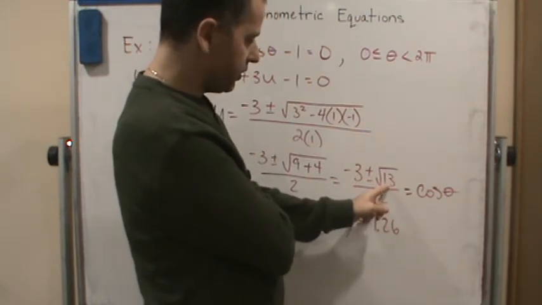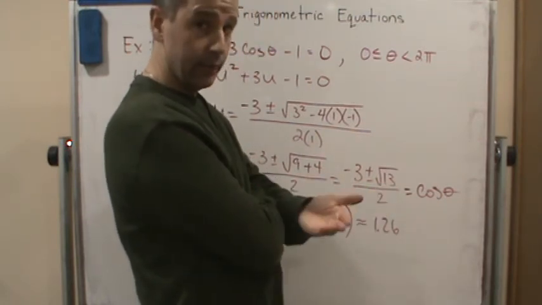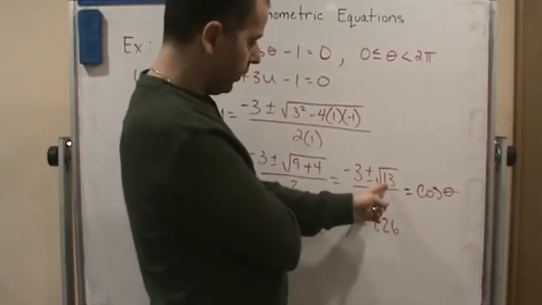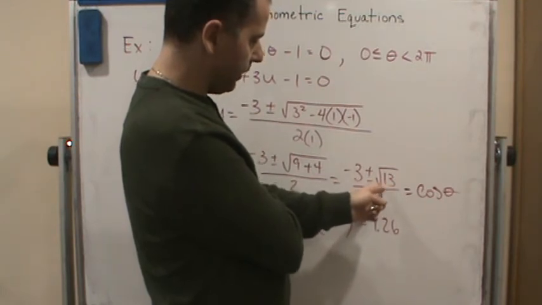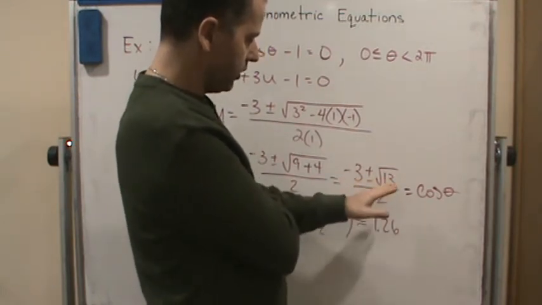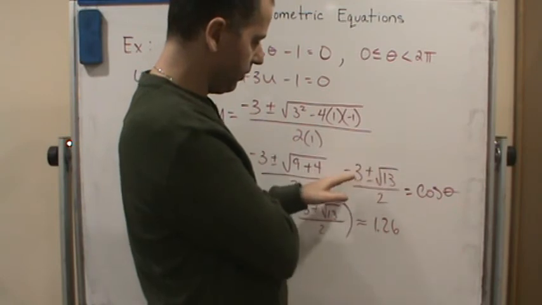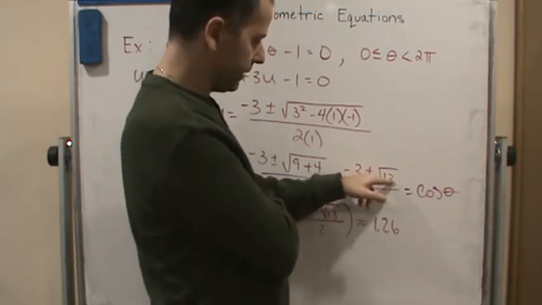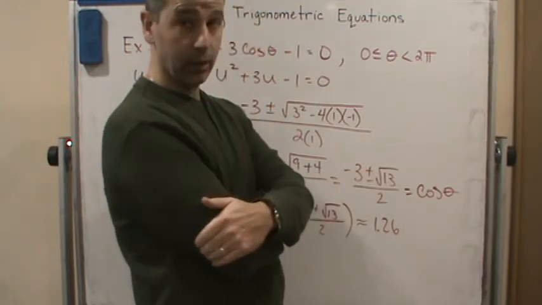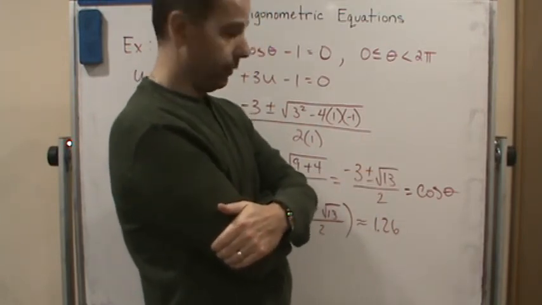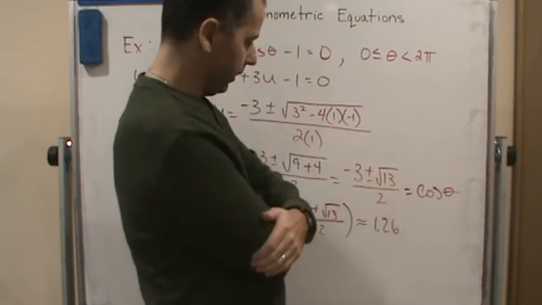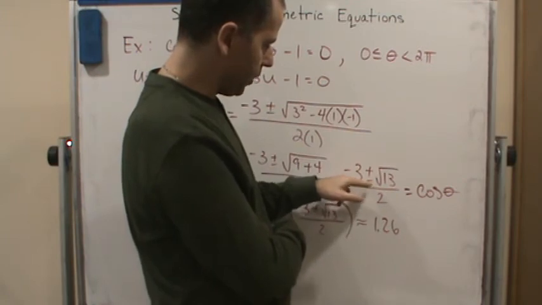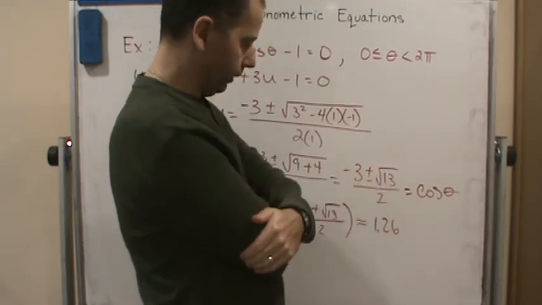What is the largest perfect square that's less than 13? It's 9. So we know that the square root of 9 is 3, which would make this 0. So we know that this is larger than 3, which means that this difference here, -3 plus this, is going to be bigger than 0. It's going to be positive, which means we're going to get a positive value here.